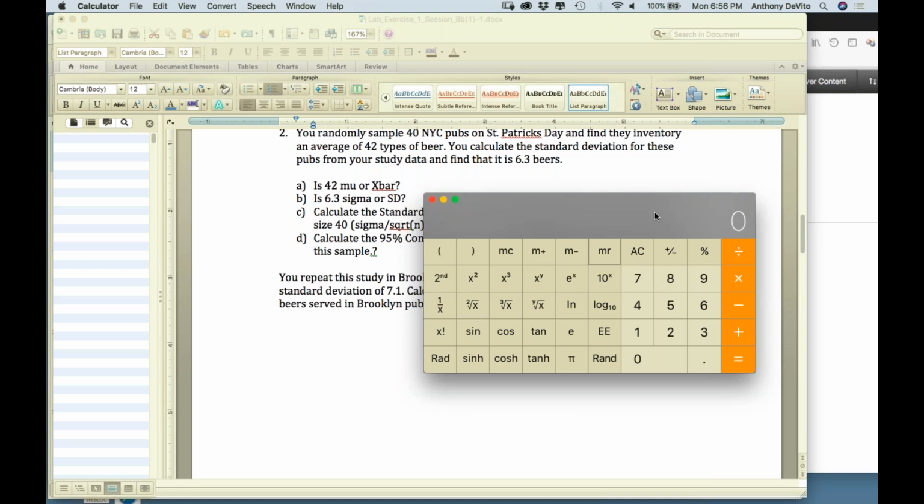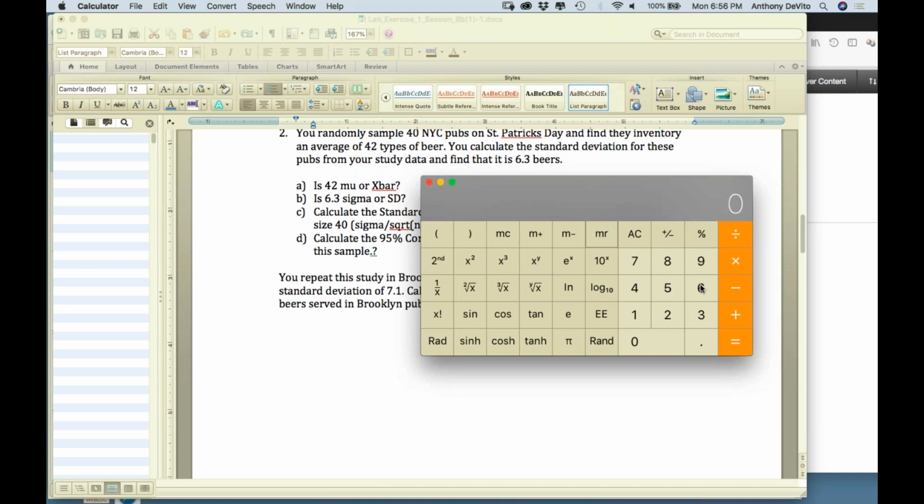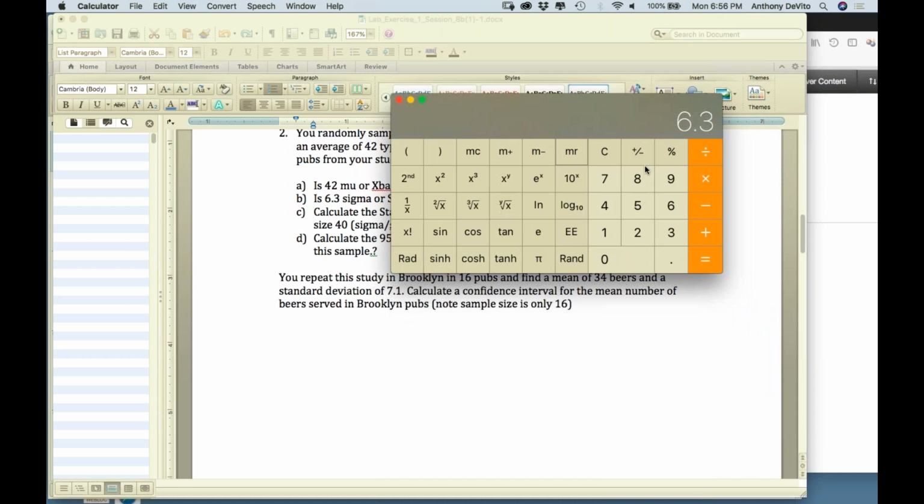So what do you guys get? What do you get for the standard error? Anybody figure it out yet? Before I hit enter?